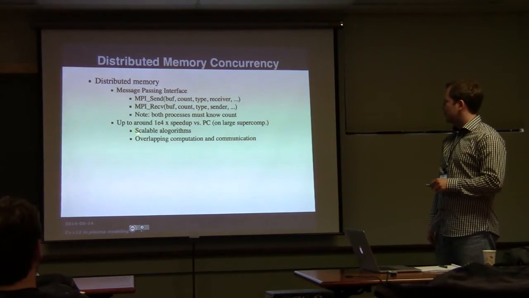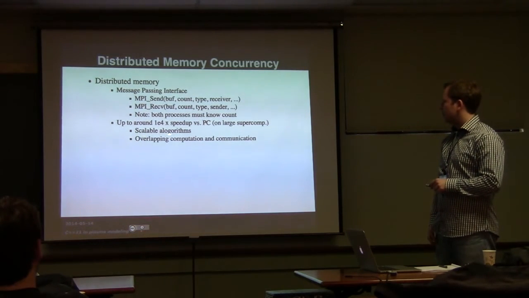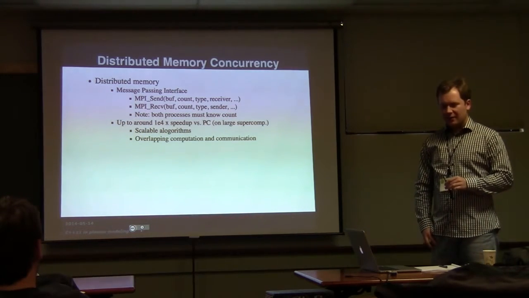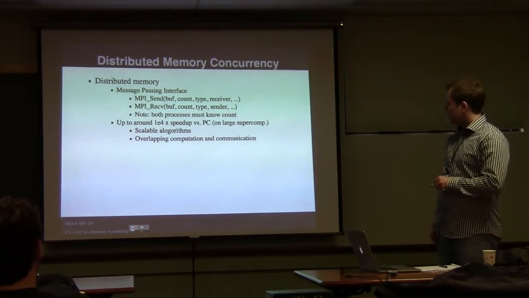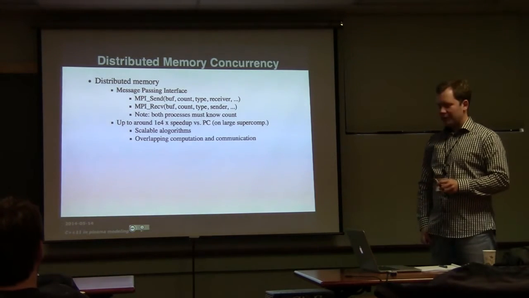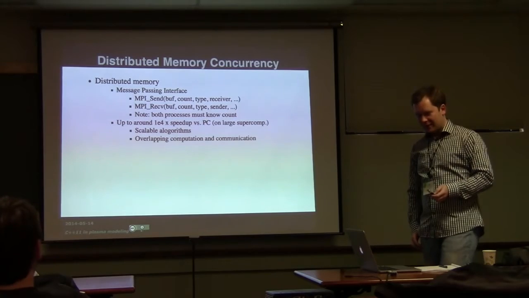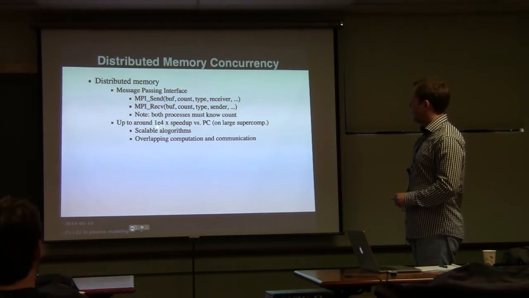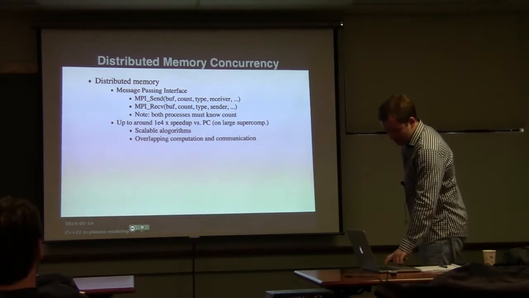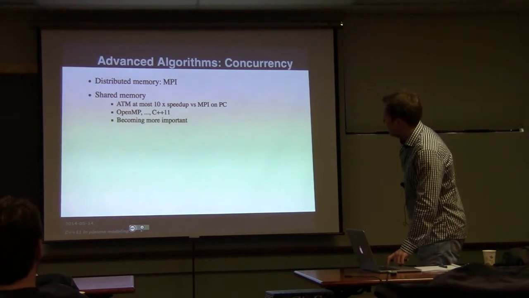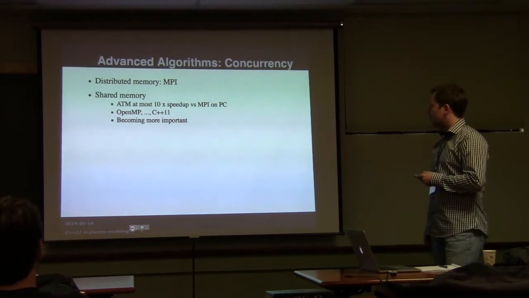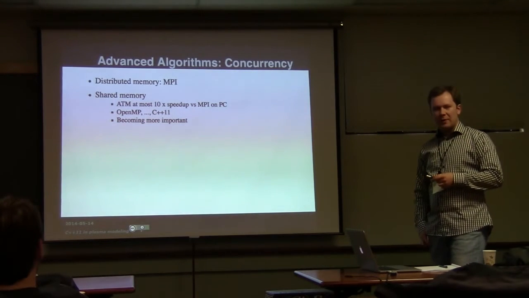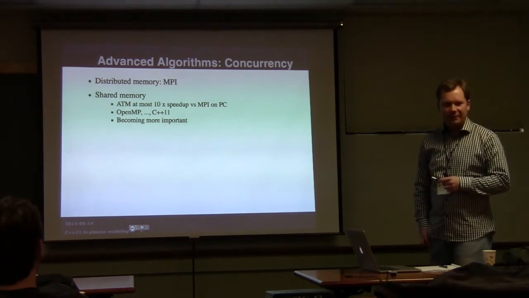But you have to use scalable algorithms, and overlapping computation and communication is always a good idea. This speedup I wouldn't call an optimization, but there are also other ones. Shared memory gives a factor of 1,000 less speedup than the previous one.